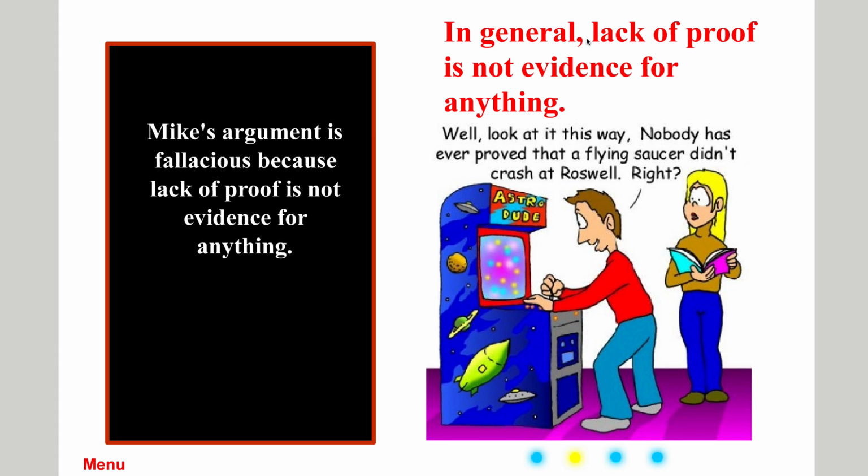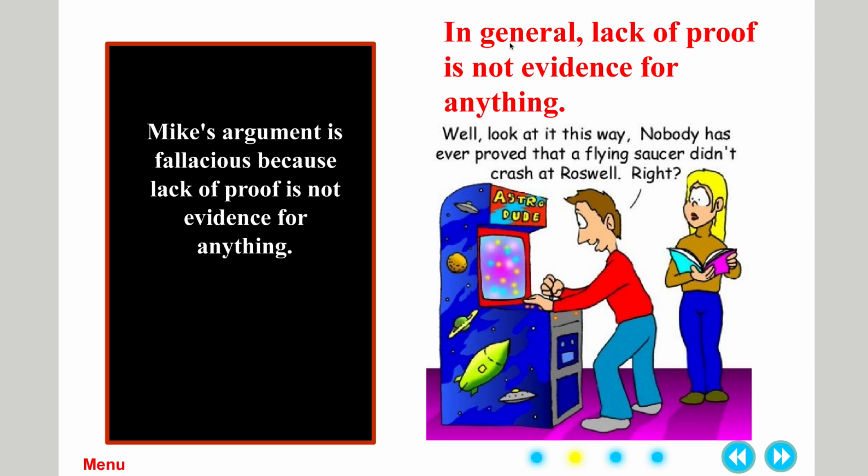In general, lack of proof is not evidence for anything. Okay? So that's the big issue here in this fallacy. Now, this is a general rule. There are times where scientists will say, we have sought out evidence for this, and we keep finding that it's not the case. We keep finding it's not the case. At that point, you can make conclusions.